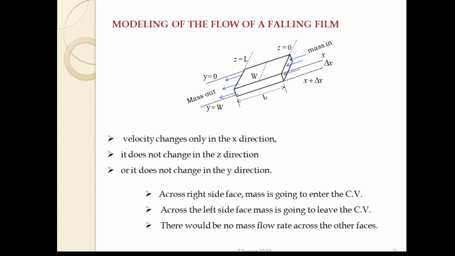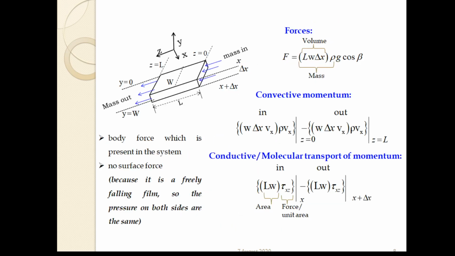If you multiply with the velocity vz, we get W del x vz, which is a volume, and if you multiply this volume with the density, we get the mass, and this mass with the velocity gives the momentum term. So the convective momentum coming in and going out of the control volume will cancel each other, because the velocity in the z direction remains the same.